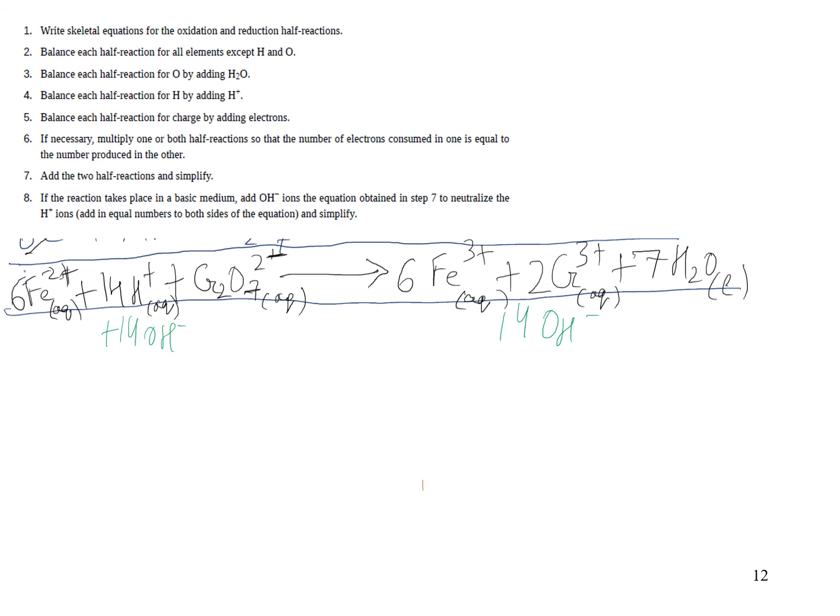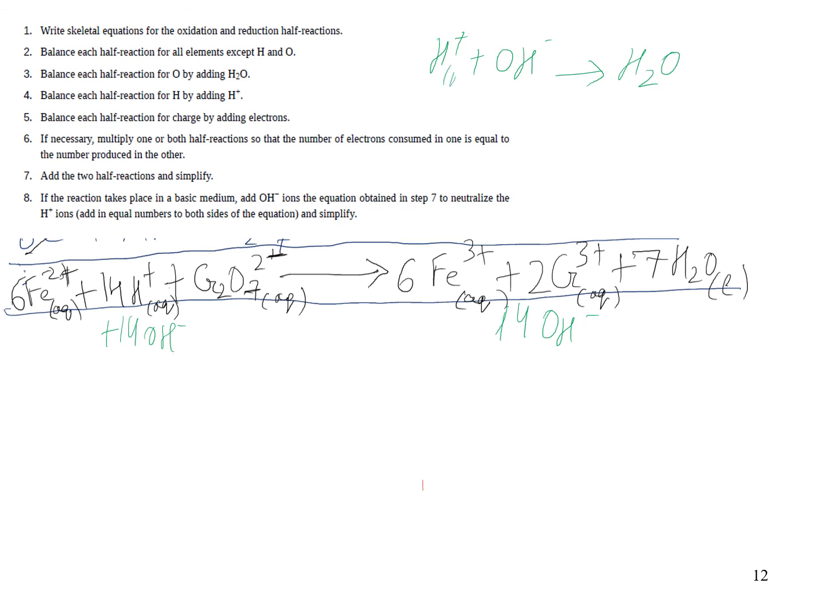Okay, now what happens when you add OH minus? Remember, you're adding it to both sides. Once you add it to both sides of the reaction, now we'll add these two reactions. What happens when an H plus reacts with OH minus? It is going to produce water.